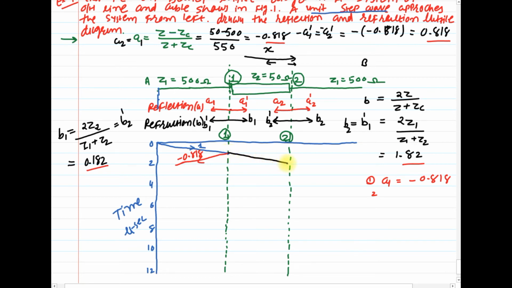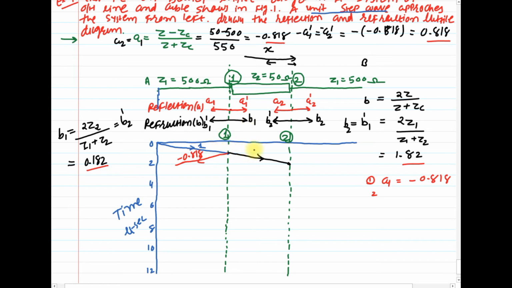If it is refracted from junction 1, it will reach junction 2. Just recall the previous theory. If the traveling wave is refracted from junction 1 at the right hand side, then we have to multiply with the refraction coefficient b1.